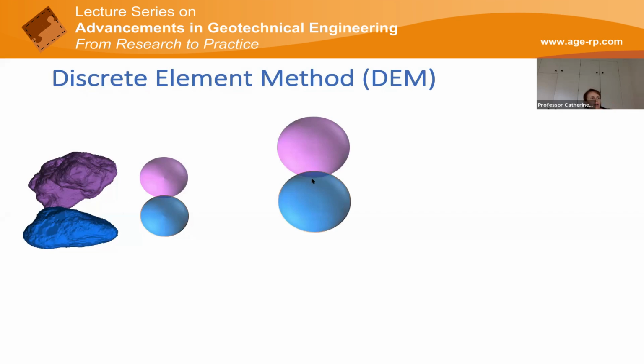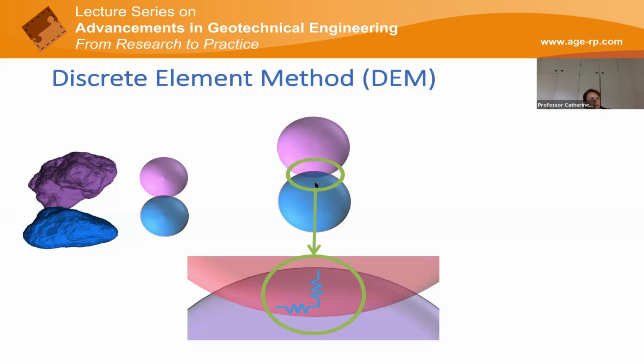In our DEM model, we allow these spheres to overlap slightly. And at that overlap point, we put in a system of orthogonal springs. The spring that acts in the direction of the contact normal is used to calculate a normal force, and this second spring is used to calculate a shear force.